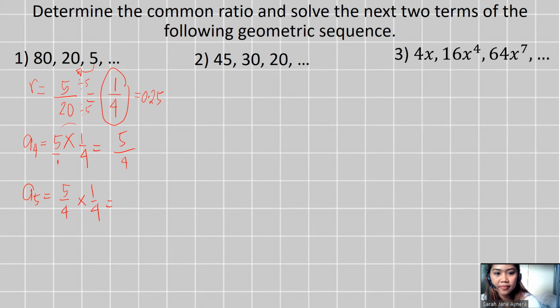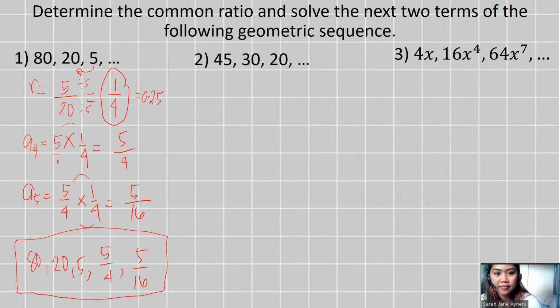This is equal to numerator times numerator, that is 5 times 1. Denominator times denominator, that is 4 times 4 or 16. So, the fifth term is 5/16. Now, the terms after 80, 20, 5 are 5/4 and 5/16. This is now the geometric sequence for number 1.